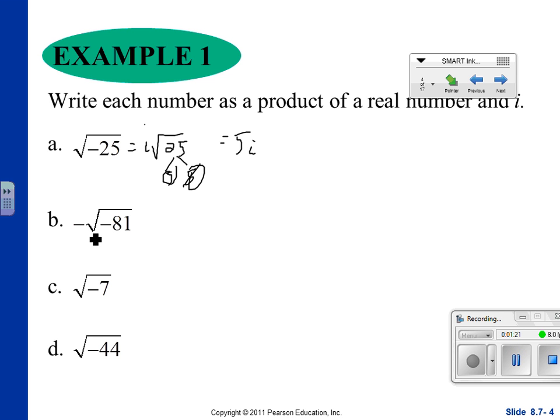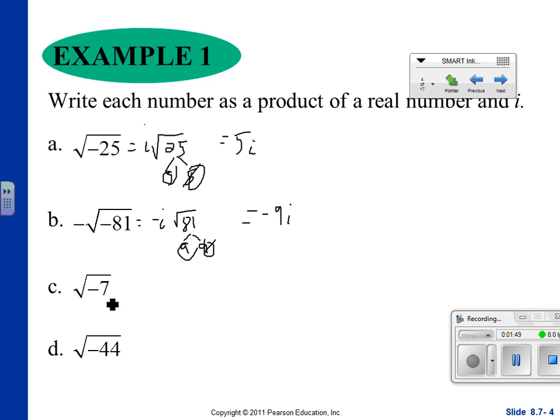But this outside negative just makes our answer negative. So you have negative i times the square root of 81. And then 81 breaks up into 9 and 9. Circle, circle, kill. 9 goes outside, nothing left inside, so it's just negative 9i.